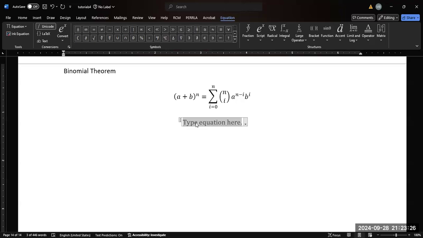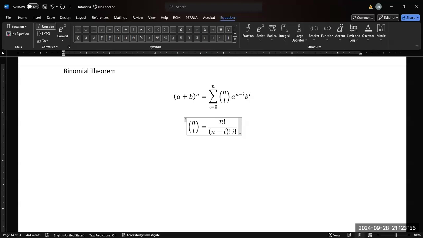So the formula requires factorials. n choose I is going to be given by n factorial divided by n minus I factorial and I factorial.